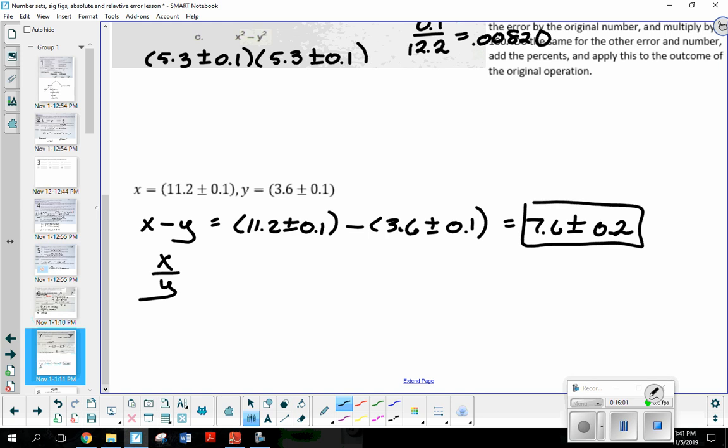How many people got that for the first one? Yeah, adding and subtracting is very, very simple. Now let's see if we can get the division. So let me give you a little more time.